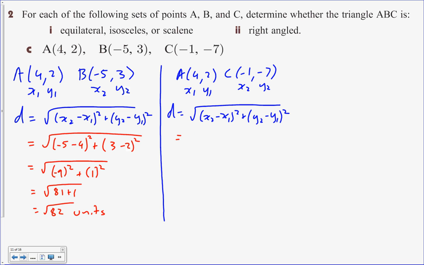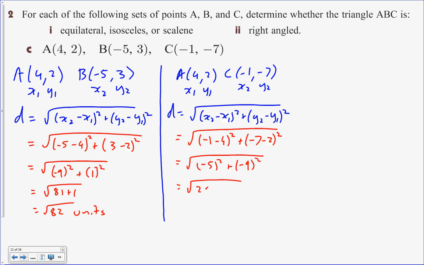So that equals, substitute in our values, x2, -1, take 4 squared, plus -7, take 2 squared, equals square root -5 squared, plus -7 take 2 is going to be -9 all squared. Square root 25 plus 81 equals square root of, so 80 plus 20 is 100, 5 plus 1 is 6, so 106 units.